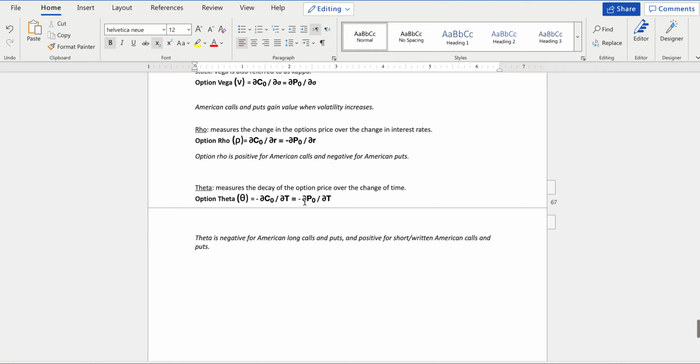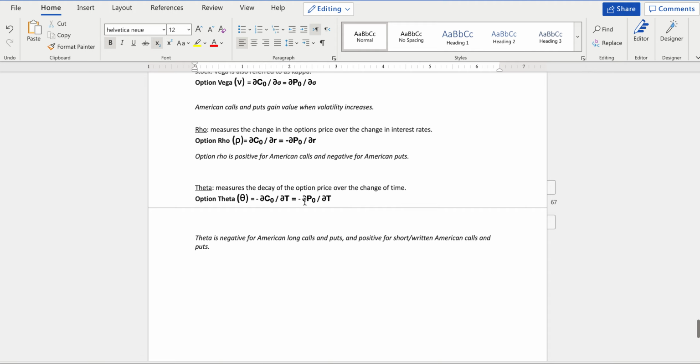Because when theta goes up, time goes down. There's a negative correlation between time and theta decay. I want you to remember that. And remember, when you're long a call or long a put, theta is never your friend. It's your worst enemy.